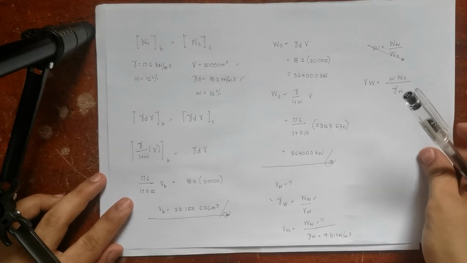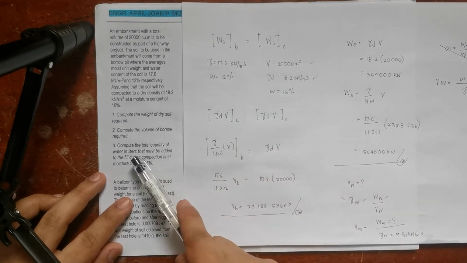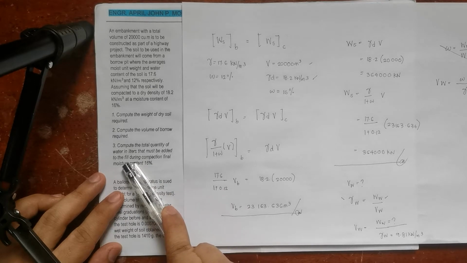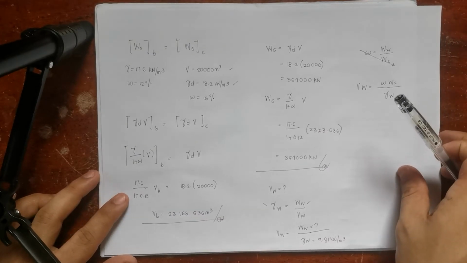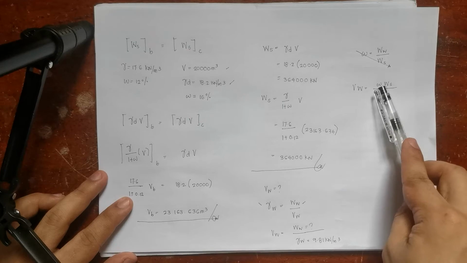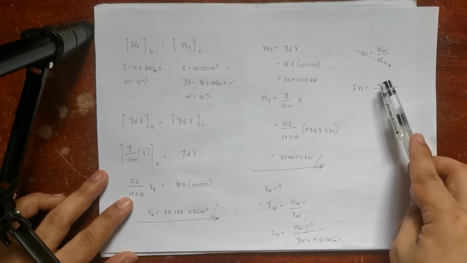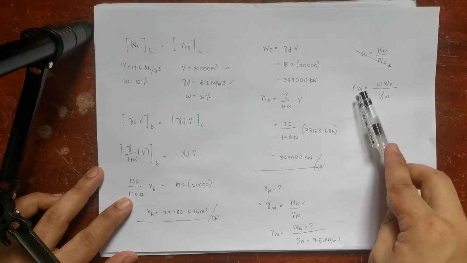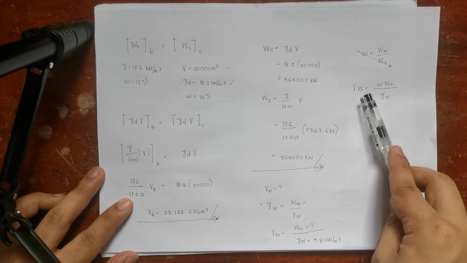Since ang hinahanap natin kanina ay volume of water in liters that must be added. Since yung idadagdag lang mismo yung kailangan natin, dapat yung moisture content dito should be yung moisture content na dinagdag lang din para makuha natin mismo yung volume of water na dinagdag mismo natin.